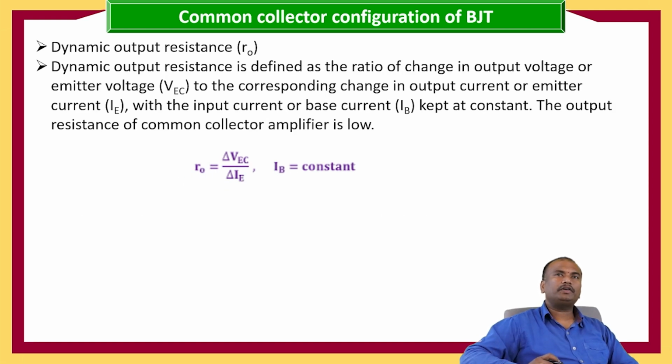And dynamic output resistance: when there is a change in voltage corresponding to the change in output current by keeping IB constant, then the ratio of change in voltage to the change in output current is equal to the output resistance Ro, where Ro is equal to delta VEC by delta IE, where IB is kept constant.